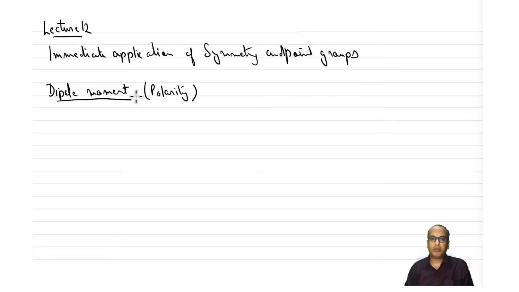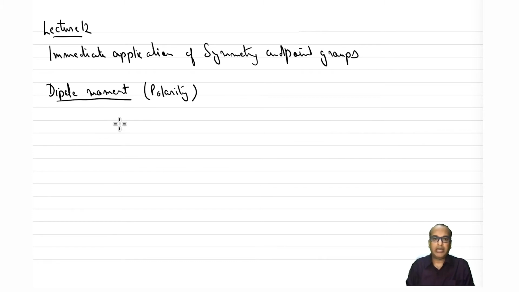So what is dipole moment? It's the separation of charges along any particular bond. And if all such separation of charges, or all such bond moments, add up together and do not cancel against each other, then the molecule is said to have a dipole moment.